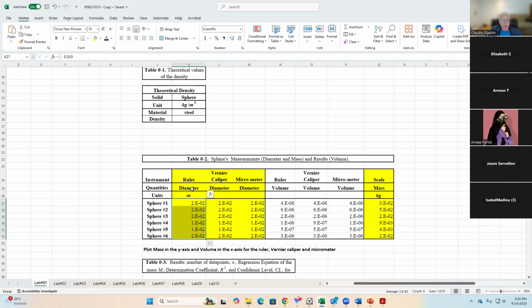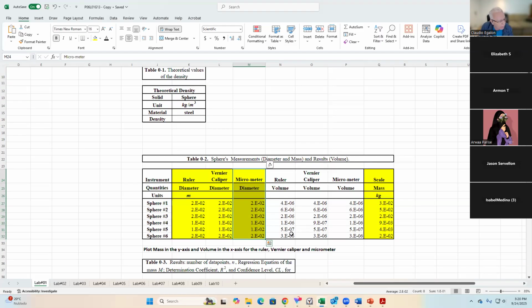I took 3 different diameters, right? I took the measurement of the diameter of the sphere with a ruler, 6 sets of data. I took the measurement of the diameter of the spheres with a vernier caliper, which is that instrument that I showed to you last time. And I also took the measurement of the diameter of each of those spheres using the micrometer.